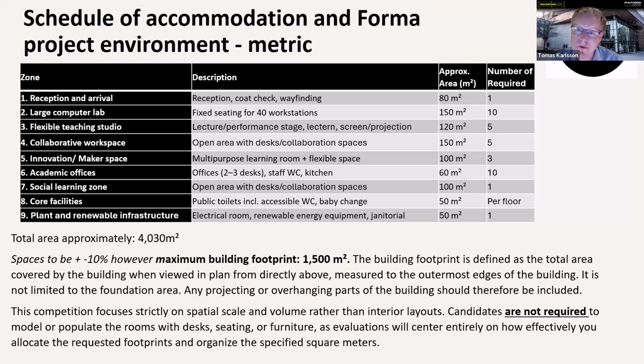Another important point we want to make is that, as you can see in the table, we're setting out that you should include certain spaces, for example, point 2, a large computer lab. This competition is, however, not an interior design competition. So although we say that the computer lab needs to include fixed seating for 40 workstations, we don't want you to design those workstations.